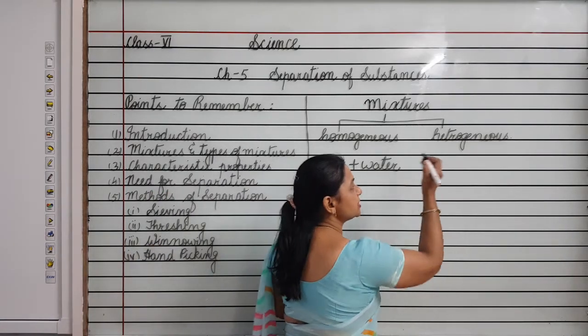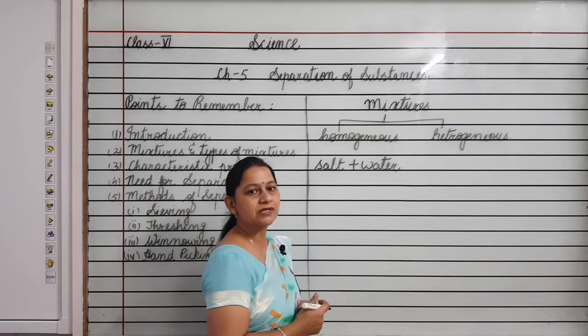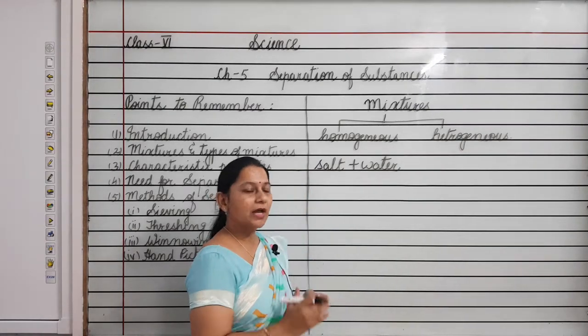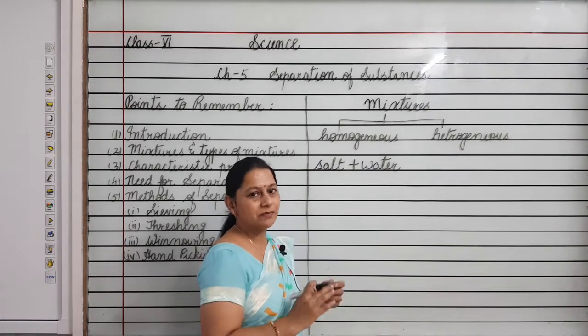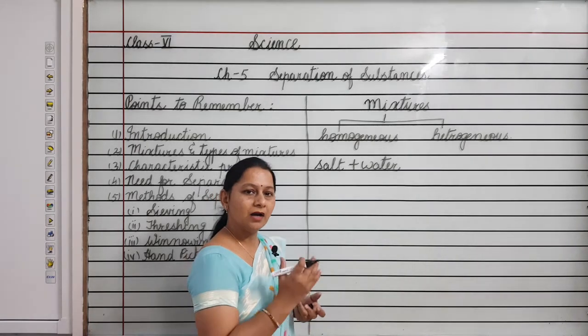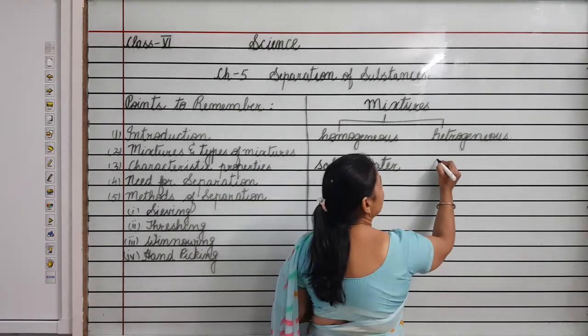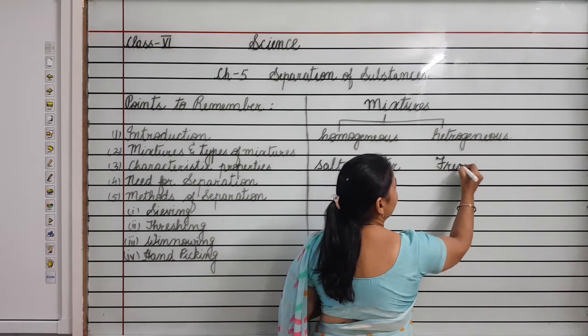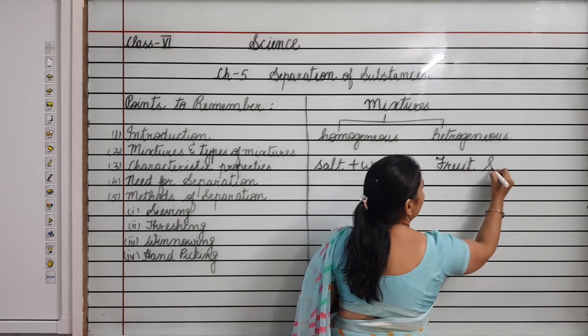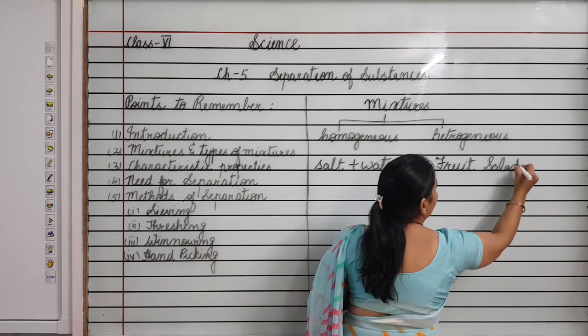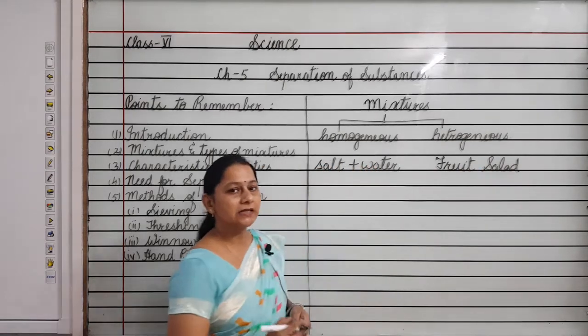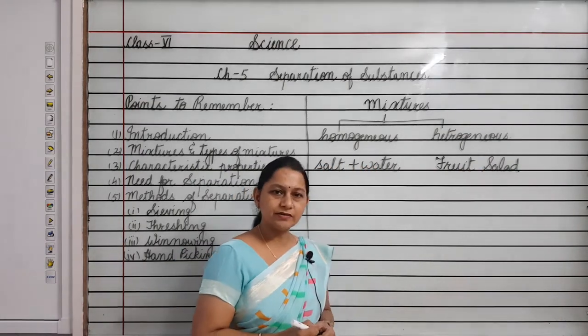Now, heterogeneous mixtures. Heterogeneous mixtures are mixtures where the components are visible to us, like fruit salad. Fruit salad is an example of heterogeneous mixtures.